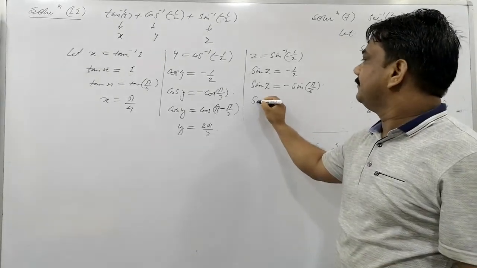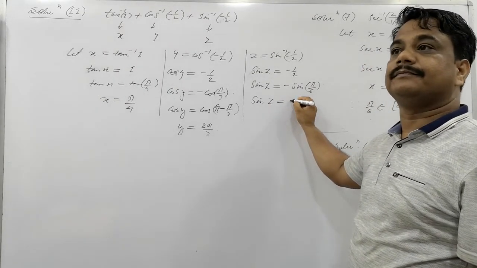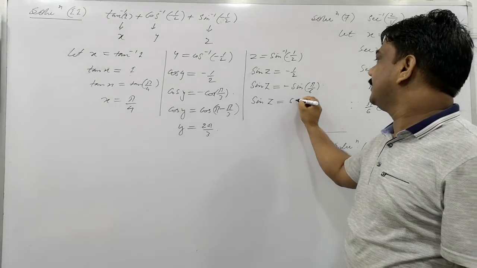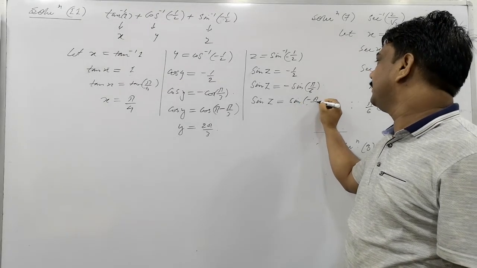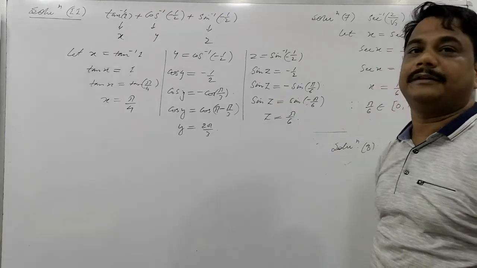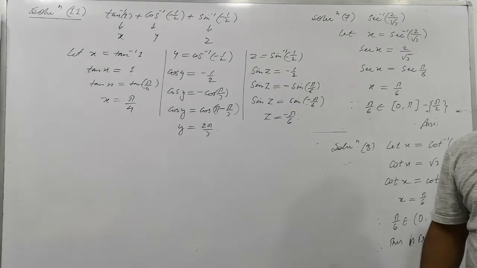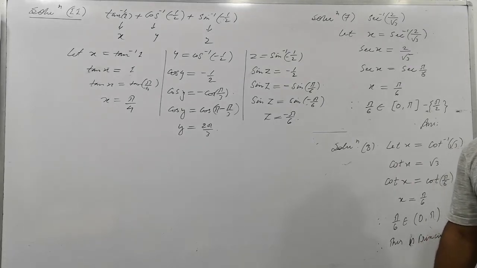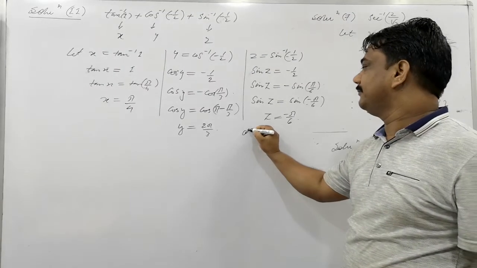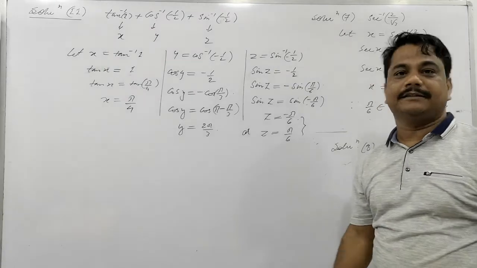So sine z is equal to what? It can be written as minus pi by 6. So z is equal to minus pi by 6. Does it belong to the principal range? Plus pi by 6 will also come here. Both values can be taken.